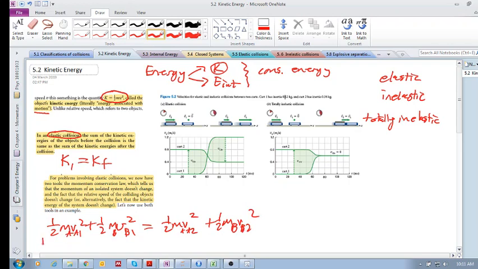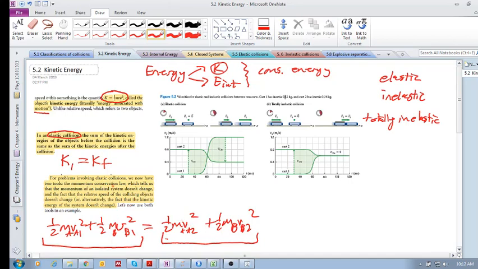The point is the total kinetic energy, if you add up the kinetic energies of both objects before, will be the same as the total kinetic energy after. But this is only true for an elastic collision. So the idea here is that we haven't lost any kinetic energy.